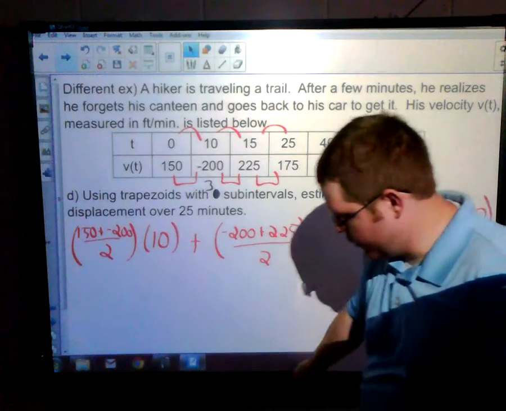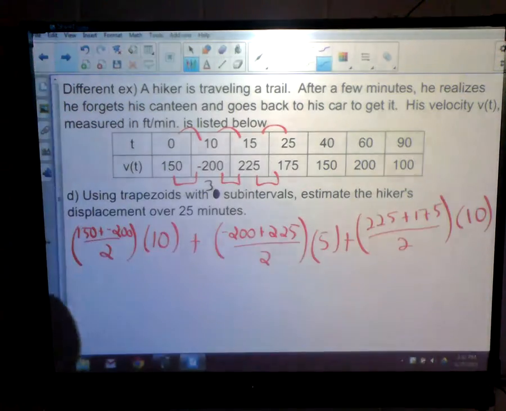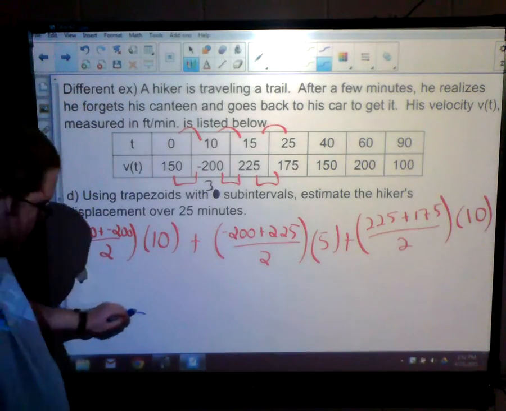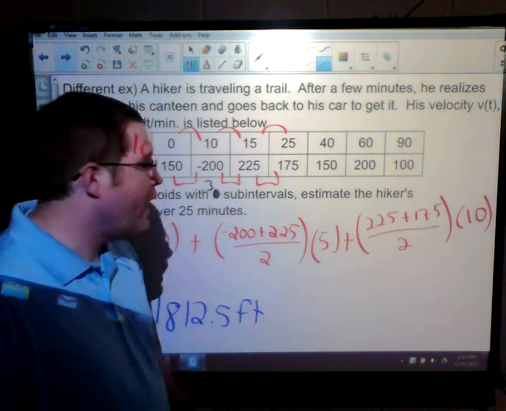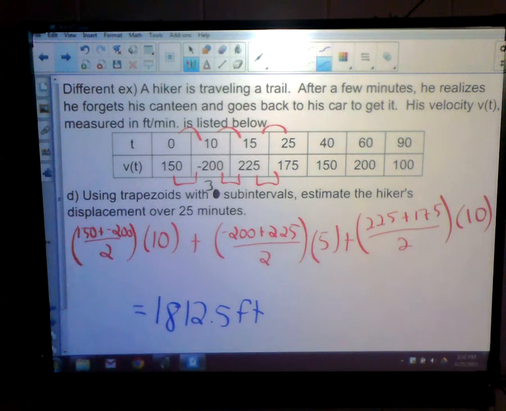Grab your calculator, crunch some numbers. If you do that, you're going to get 1,812.5 feet.